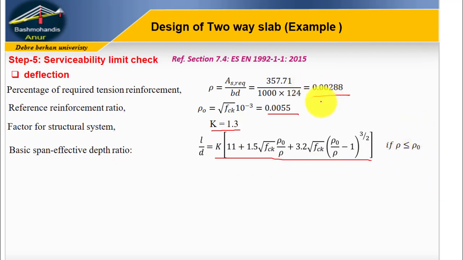Here, rho is less than rho naught, therefore we use this formula. If rho is greater than rho naught, we have to use another formula given in section 7.4.